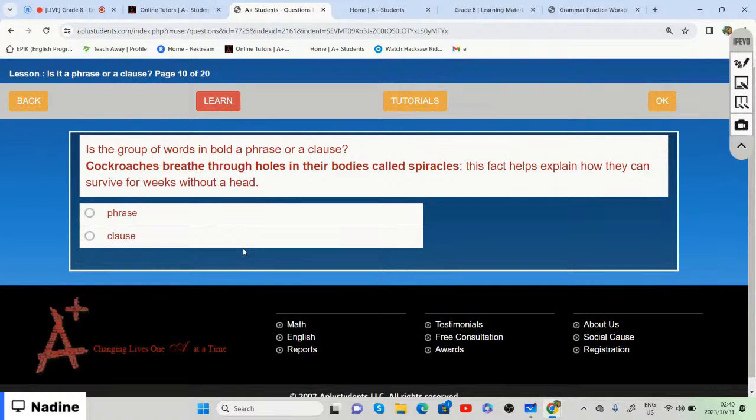Cockroaches breathe through holes in their bodies called spiracles. You can say this is a clause.